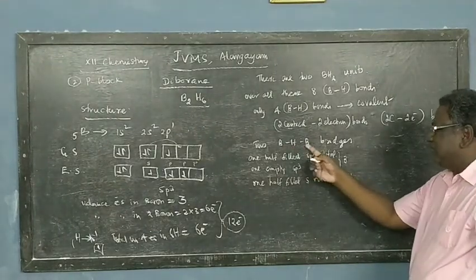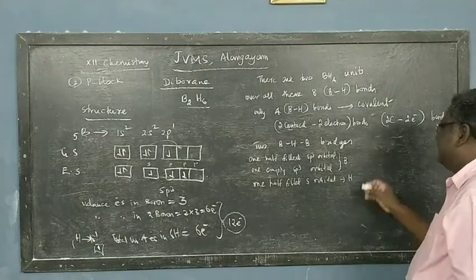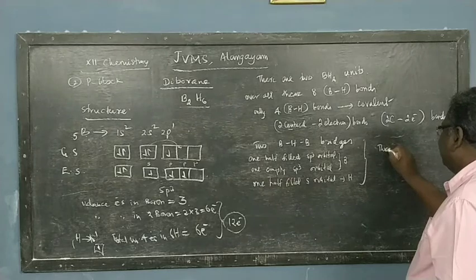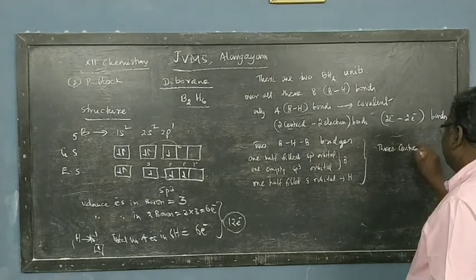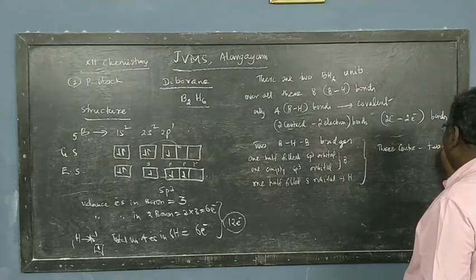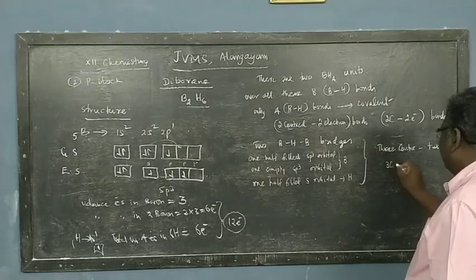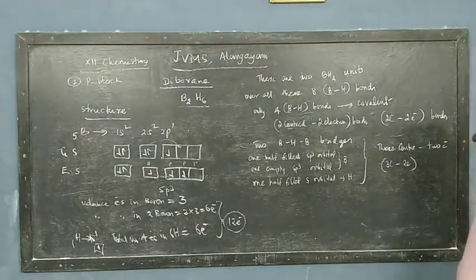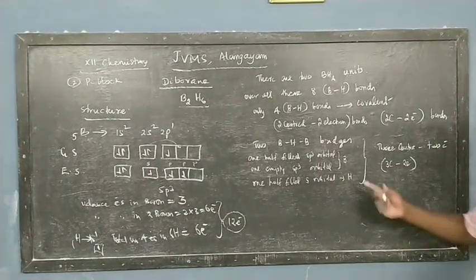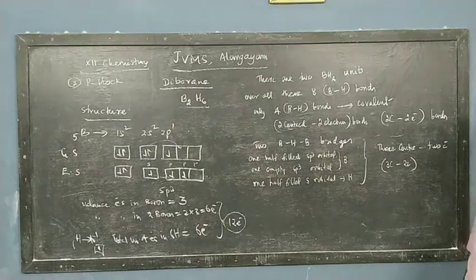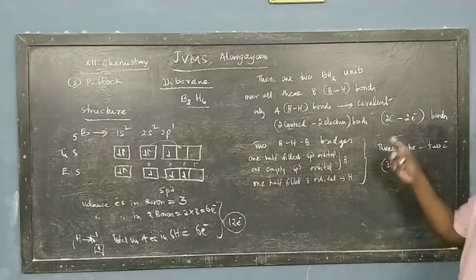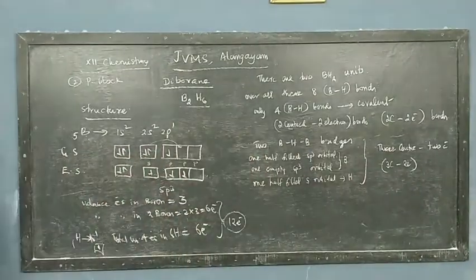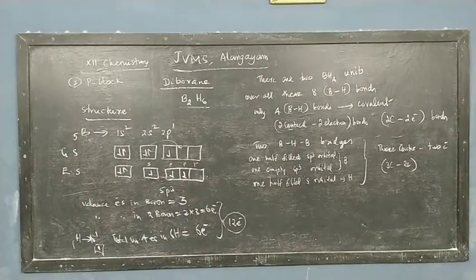Therefore, this BHB bridge is called a 3-center 2-electron bond. This is the special nature of diborane. Considering all these factors, we can go into the structure of diborane.